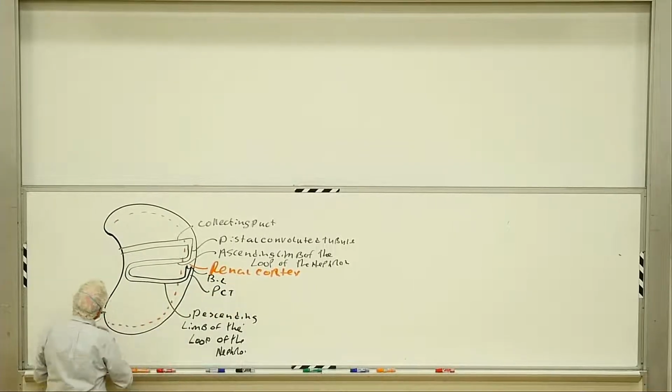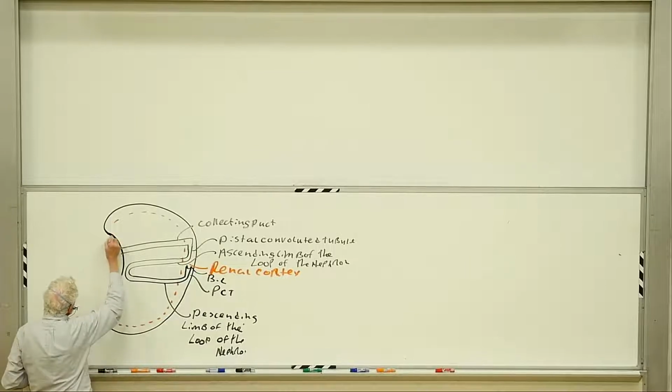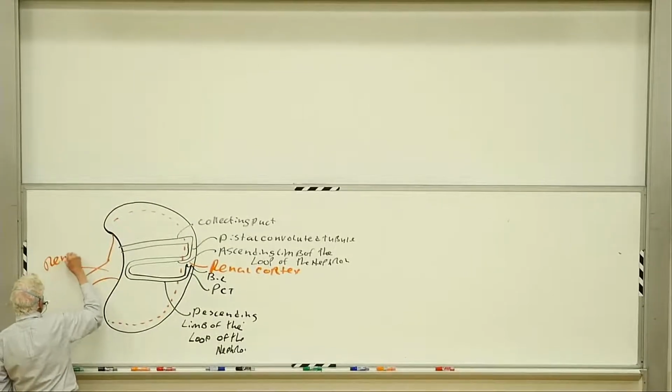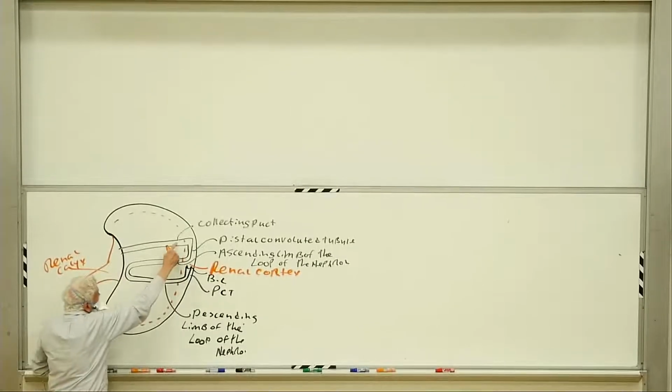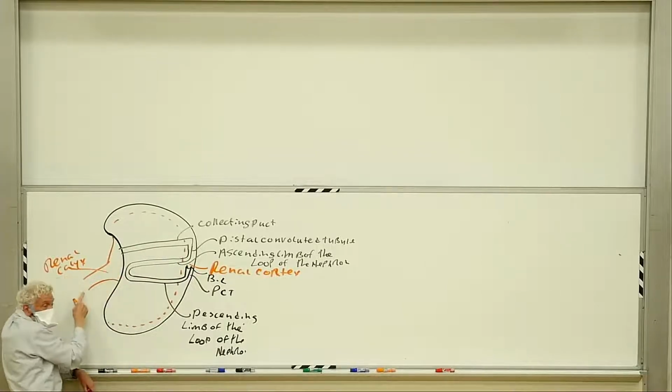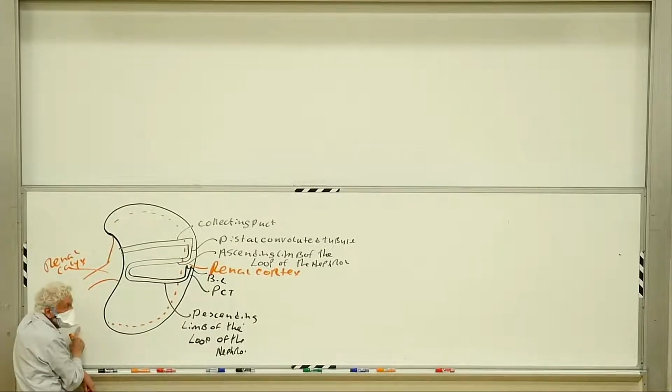I'll remind you that down here is the renal calyx. The filtrate from the collecting duct is going to empty into the renal calyx, and feed into the ureters that go into the bladder.